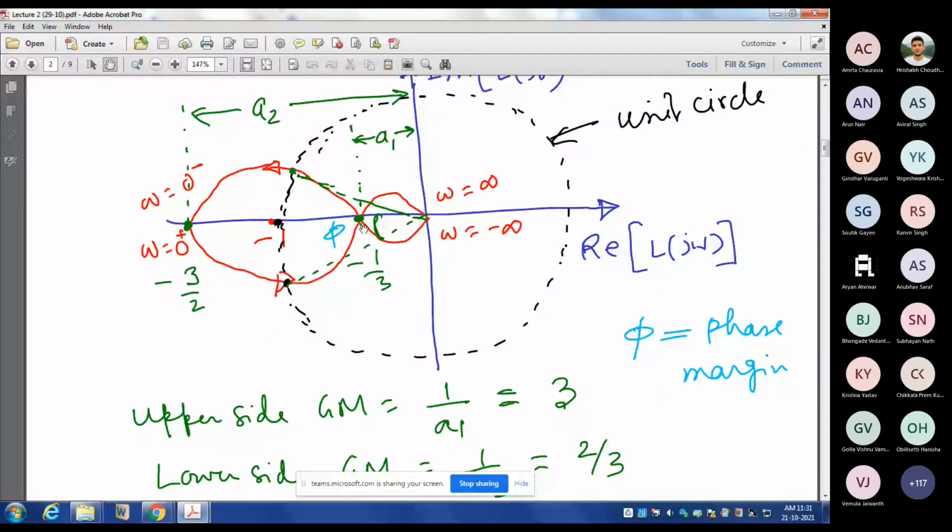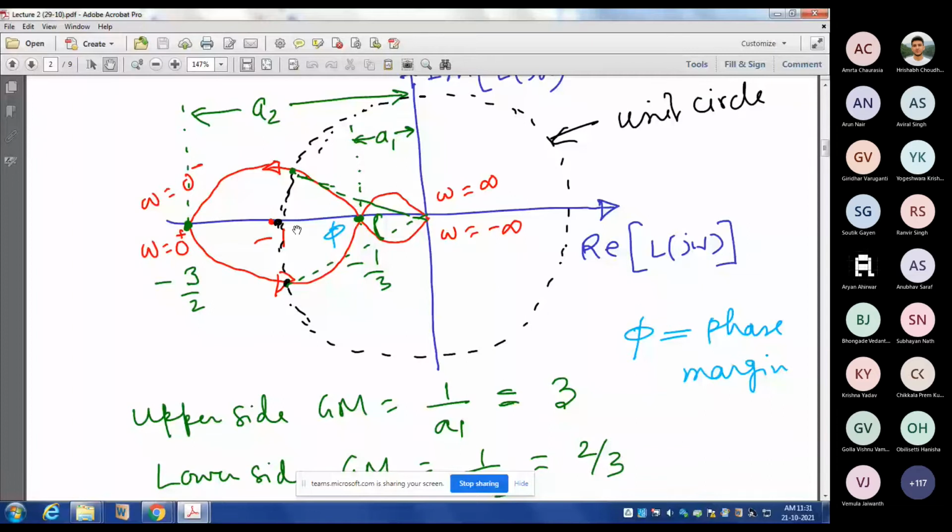It is 3, so that this point will touch this one. Similarly, the factor by which you have to reduce the gain so that the system just remains stable is 3 by 2. If you multiply the loop gain by a factor, then this point will just touch the minus 1 point.